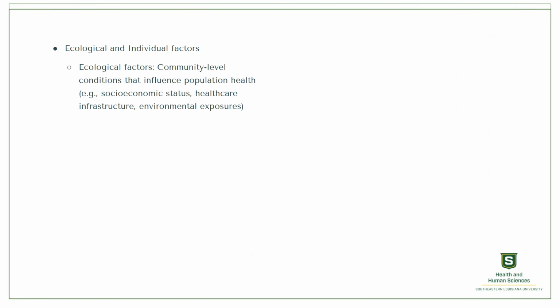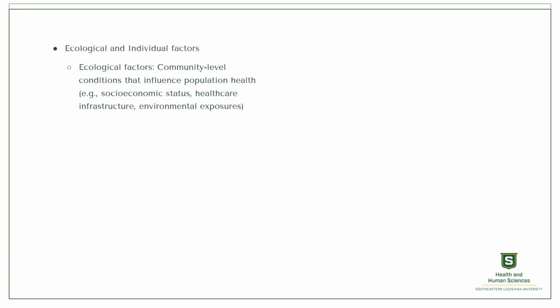So we're going to start discussing the vulnerability framework, and we're going to start with the ecological and individual elements of it. On the ecological elements, or ecological factors, we're looking at community level conditions that influence population health.